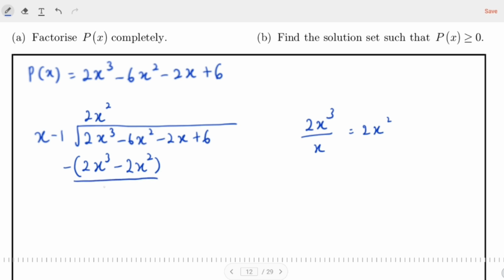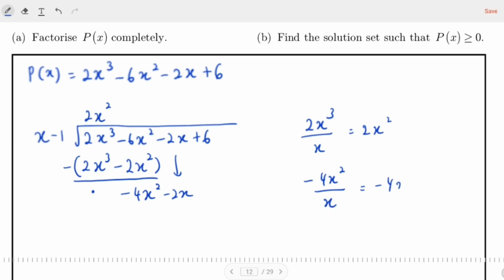Then we subtract. Negative 6x squared minus negative 2x squared will give us negative 4x squared. Bring down negative 2x, and then think again, what multiplied with x will give us negative 4x squared, or we could just divide negative 4x squared by x.